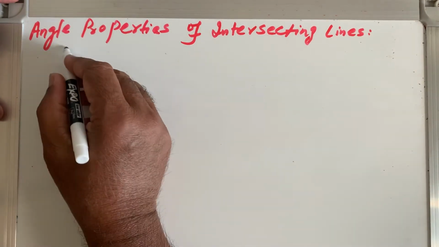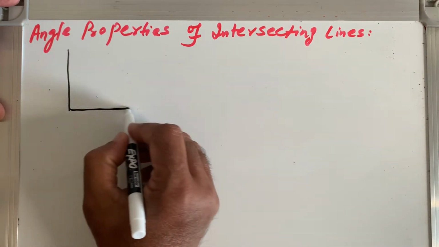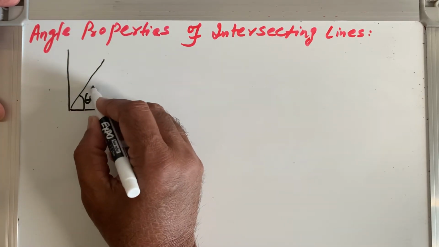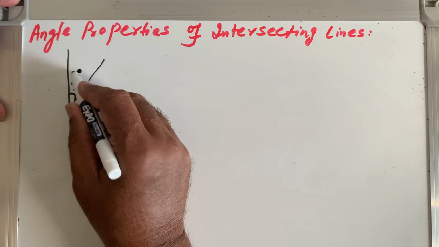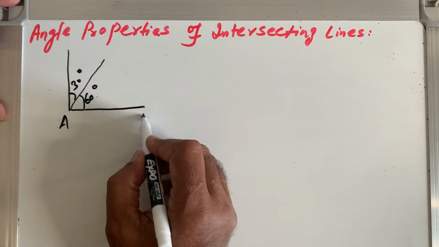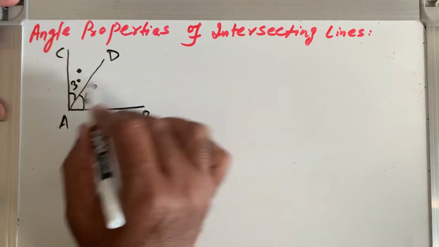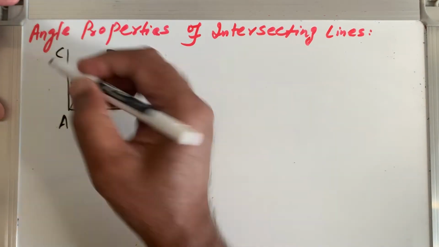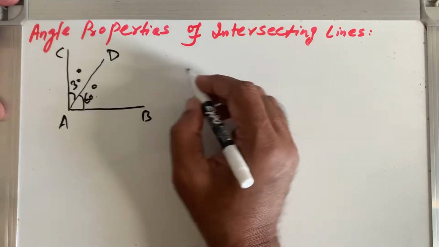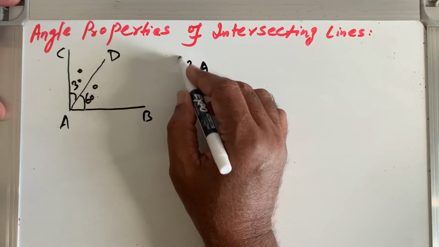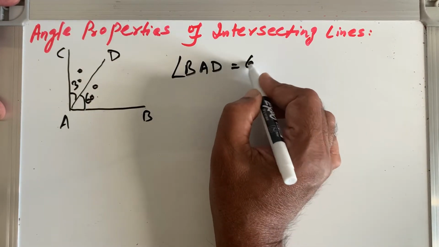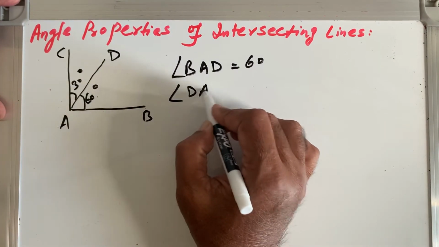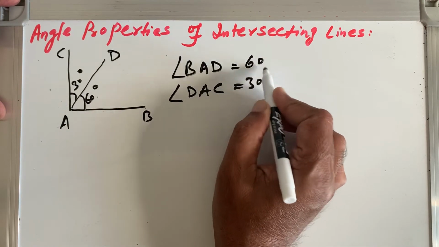If we have two angles and their sum is 90, for example, this is 60 degree and this is 30 degree. So we can name it A, B, C, D. So we can call the angles now. How can we call the angles? BAC is 90, but measure angle BAD is equal to 60 degree, and measure angle DAC is equal to 30 degree.